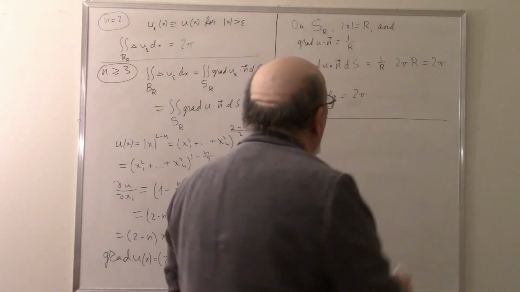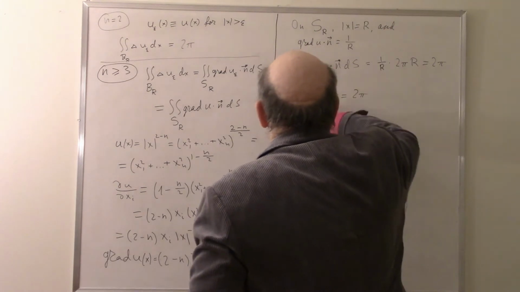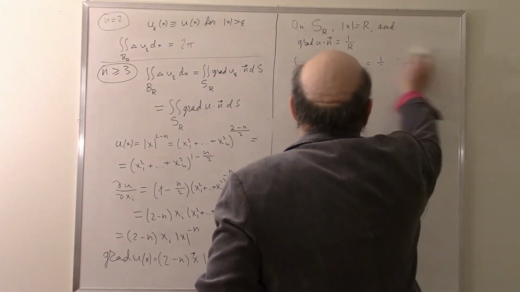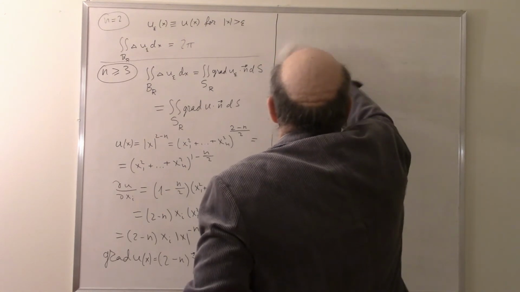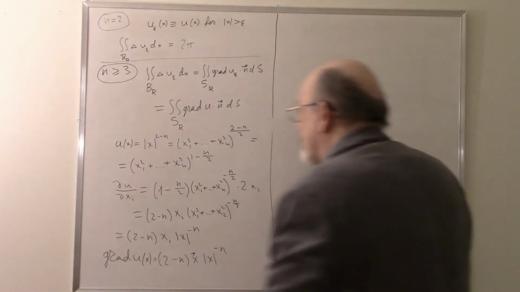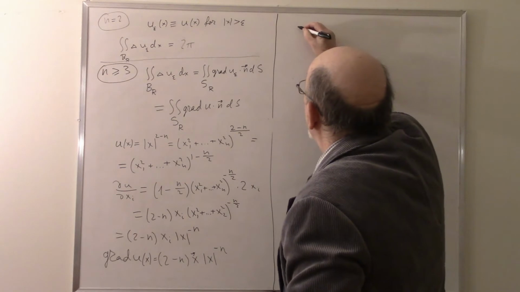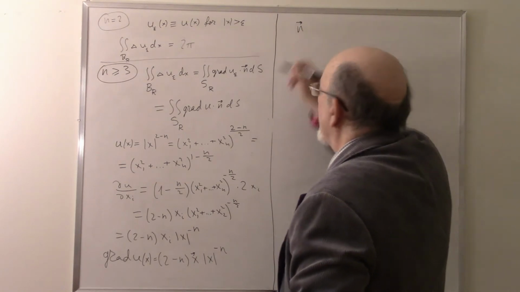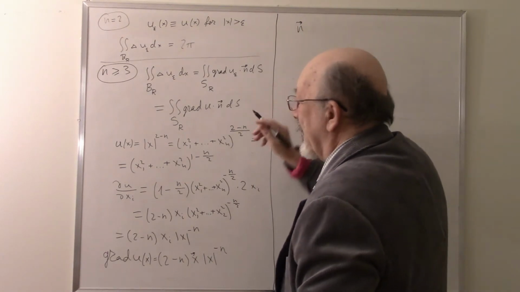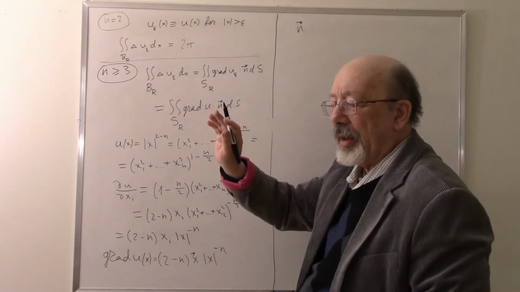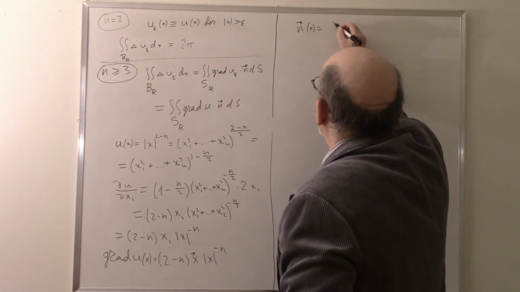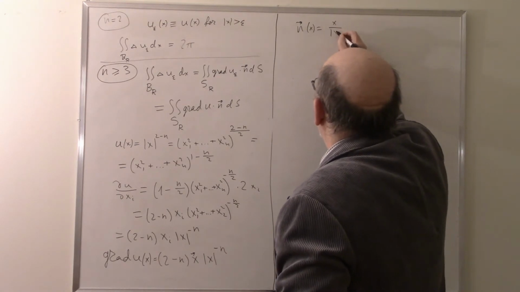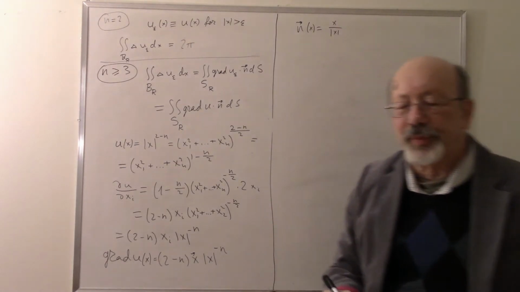Now, n is the unit normal vector, external to the sphere, equal to x divided by |x|.